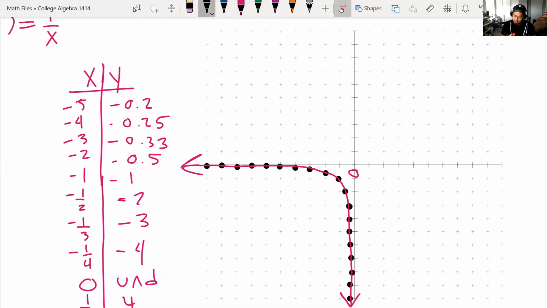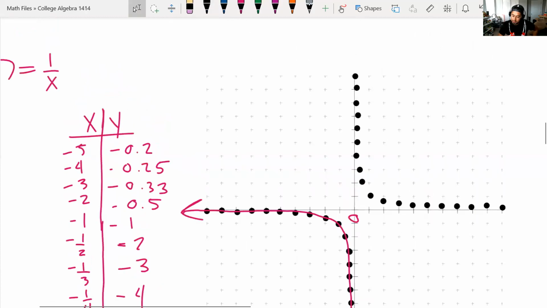Okay, and now finish the rest of the graph. So now just take all the numbers and make them positive. So 1/4, you get 4, so we'd be somewhere around there. 1/3, you get 3. 1/2, you'd get 2. At 1, you get 1. And then 2 is 1/2, smaller, smaller, smaller, until you get towards infinity, right? And then up here, same thing. All right.